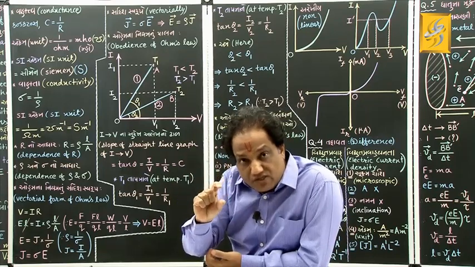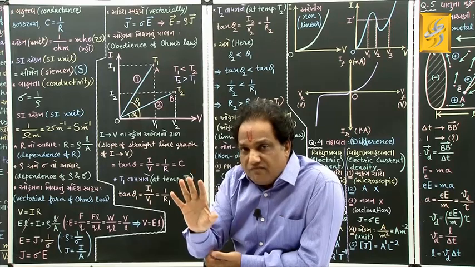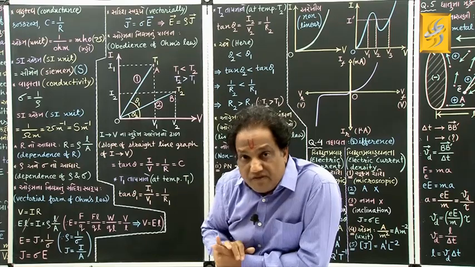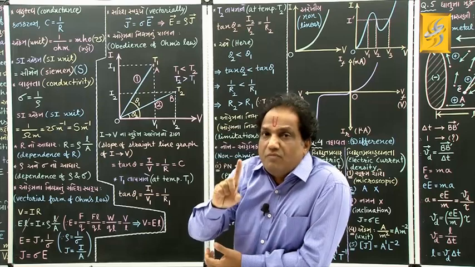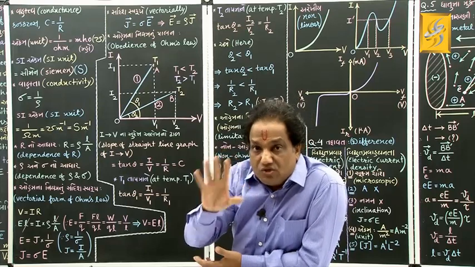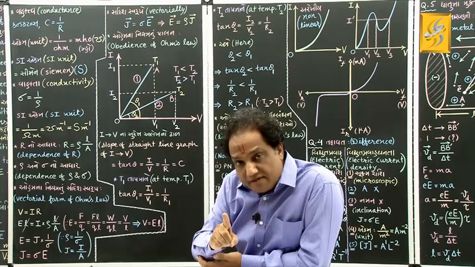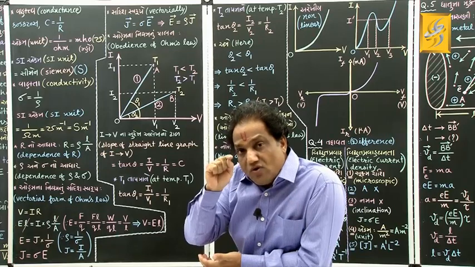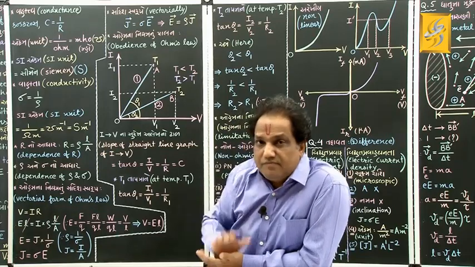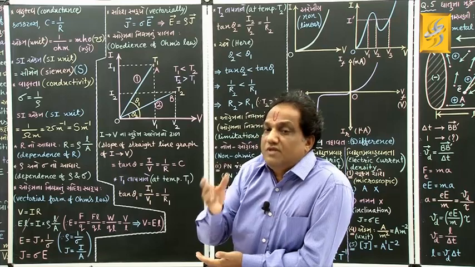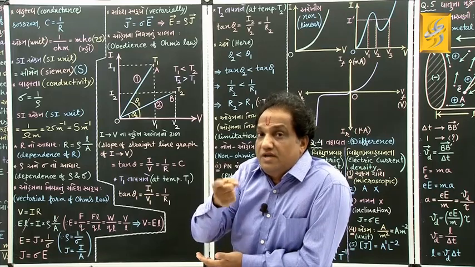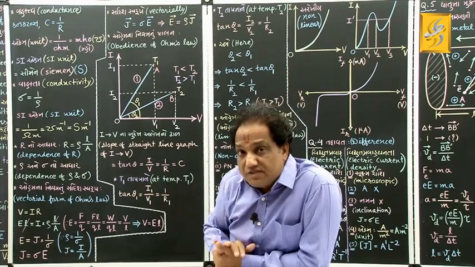If the physical conditions of a conductor are not changing, for example temperature and pressure, and the type of material of that conductor is not changing, and if Ohm's law is obeyed, then it is found to be obeyed only in the case of metals, correct?